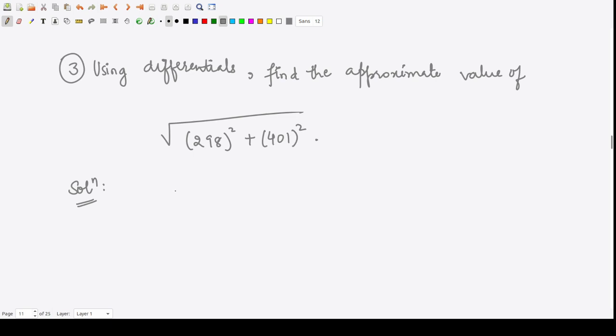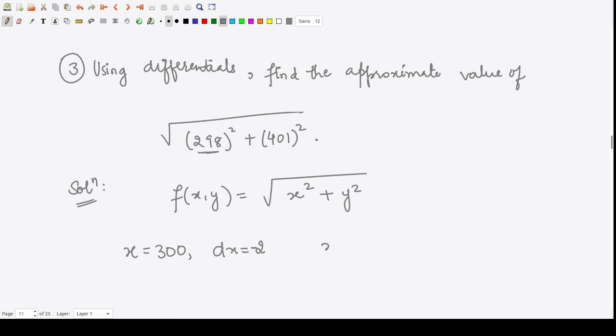For that, we can assume some function f of x, y which looks similar to this one. So we can assume this to be the square root of some variable x square plus some variable y square. Because 298 is very close to 300, we can assume our x to be 300 and dx to be minus 2, so that x plus dx becomes 300 minus 2, that is 298 as required.